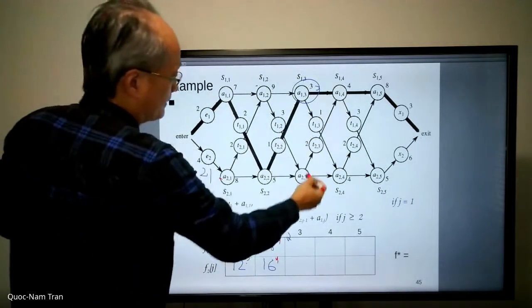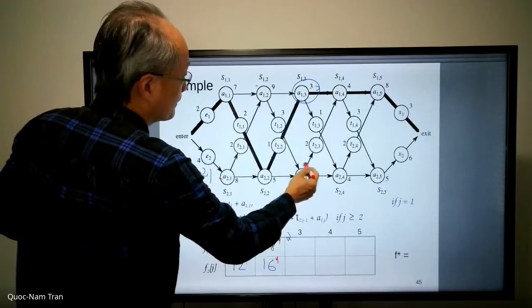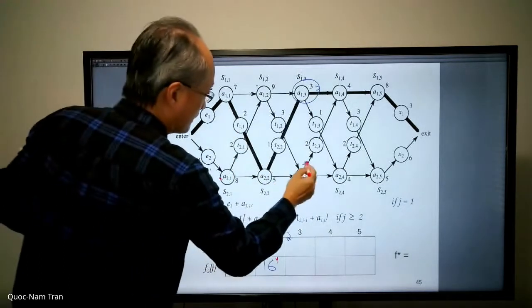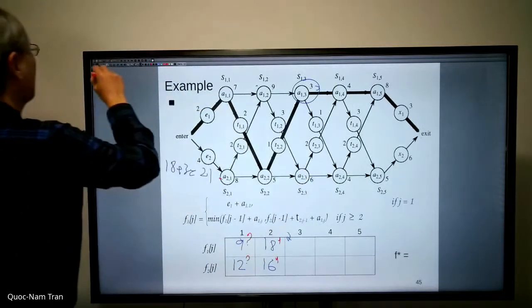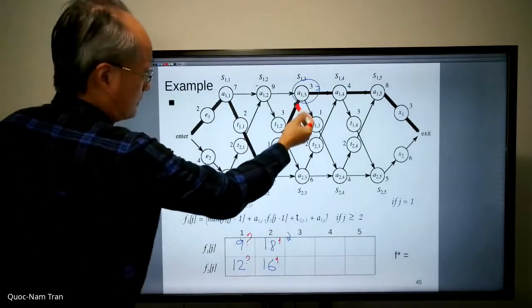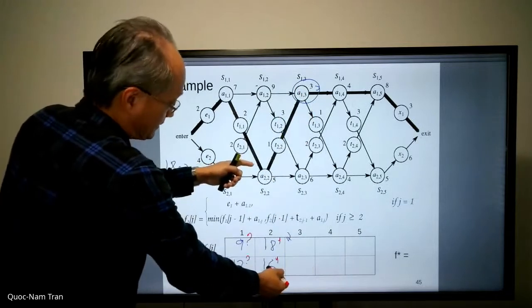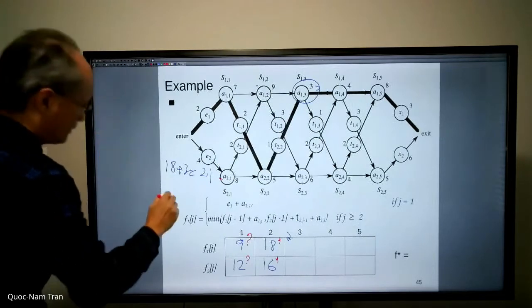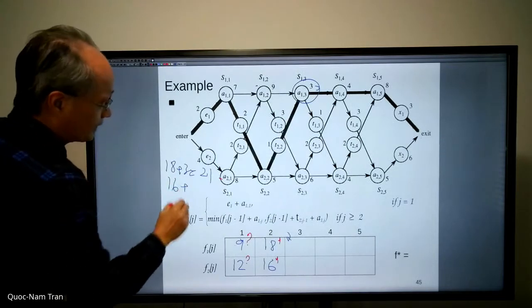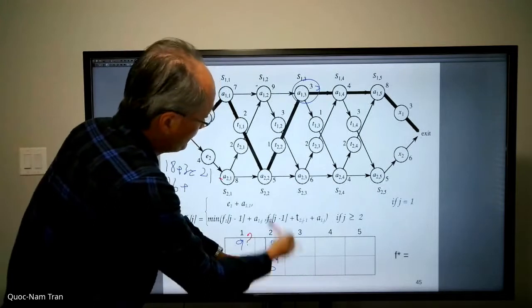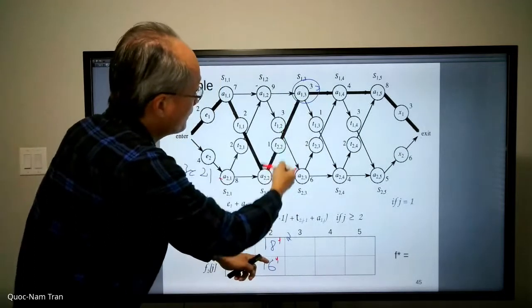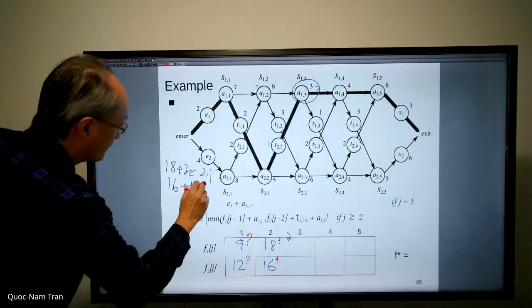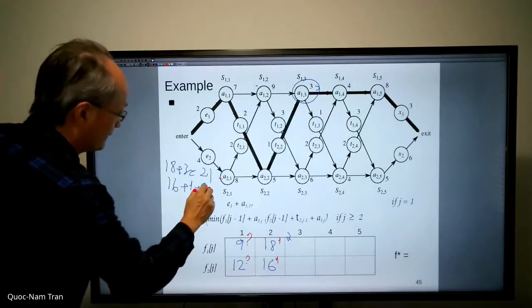Or here we have, okay, 16, right? 16 plus the cost is 1 plus 3 is 20, right?